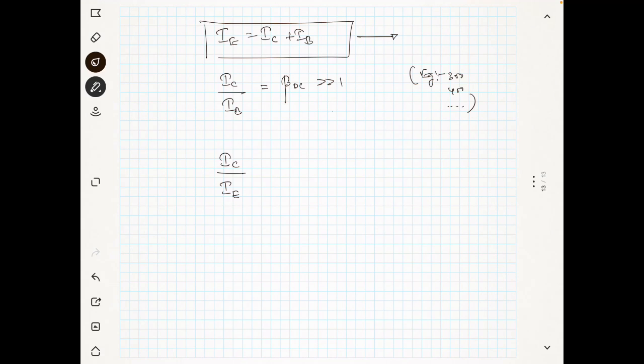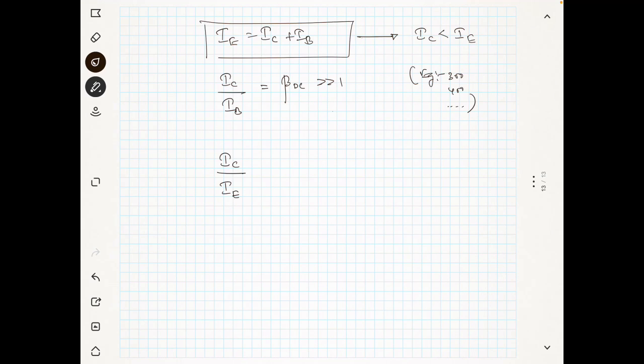What is the meaning of this relation? You can see from the relation that IC is less than IE, because IE is equal to IC plus IB, so IC will always be less than IE.